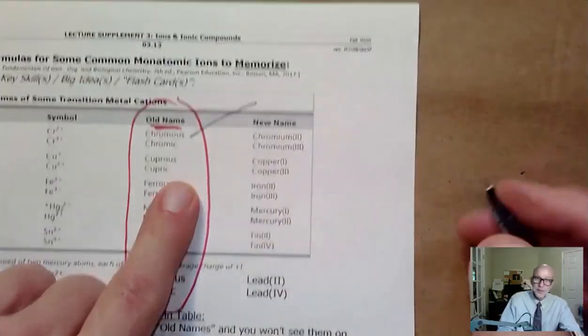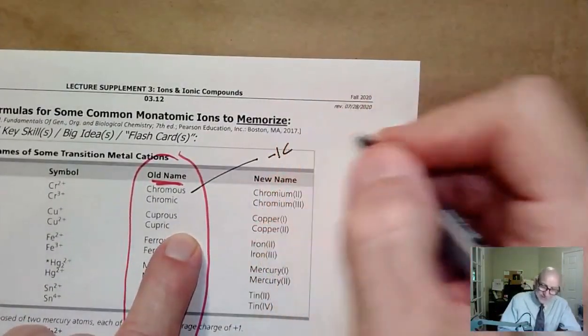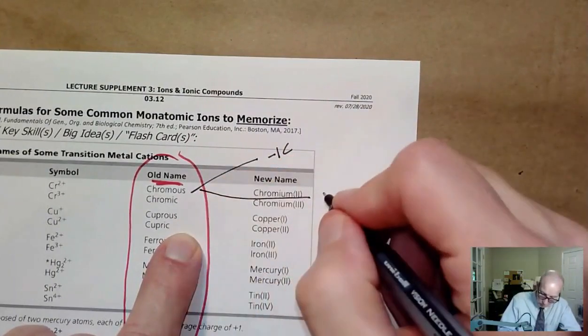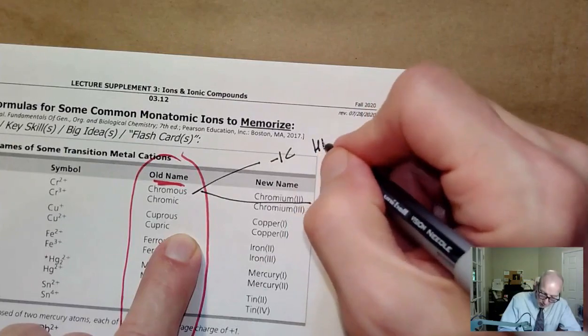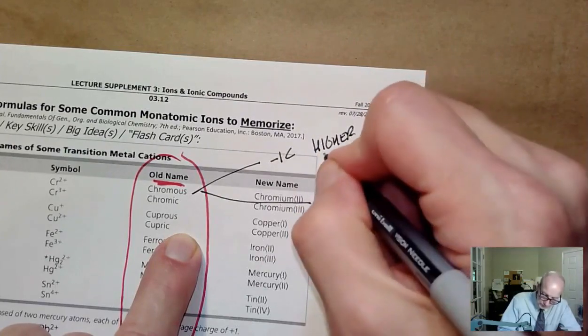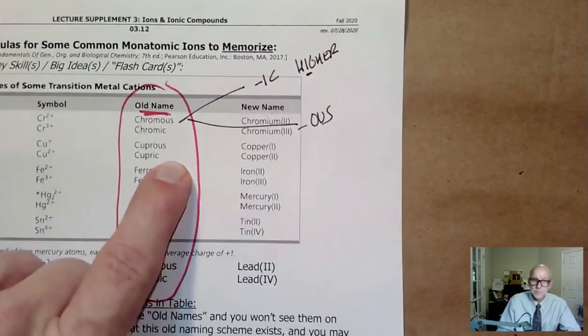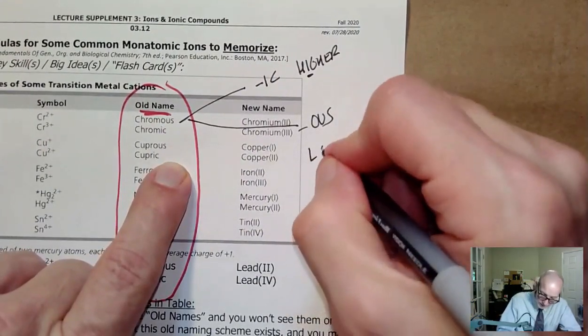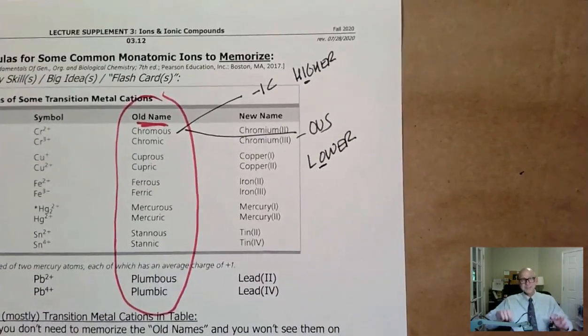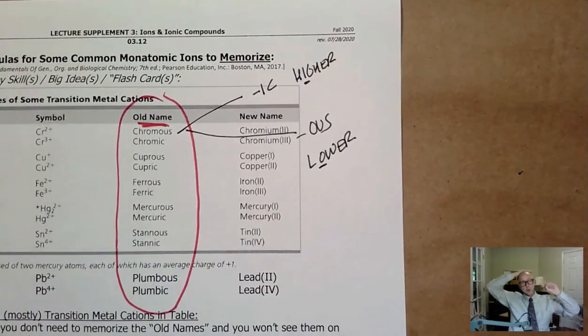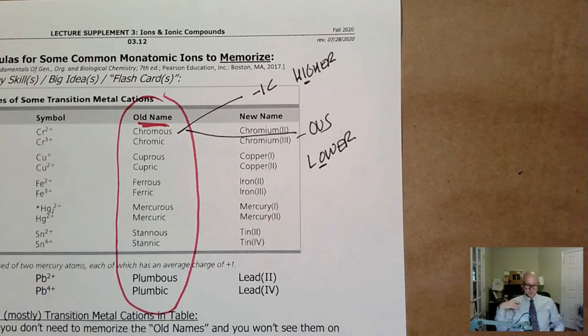In the old naming scheme, if it's IC or OUS, IC is always the higher charge. And OUS is always the lower charge. So if somebody says, I memorized, copper's a 2 or a 1, and somebody says cuprous, I go, OUS, oh, that's the lower charge. If they say cupric, I go, oh, that's the higher charge, the 2.